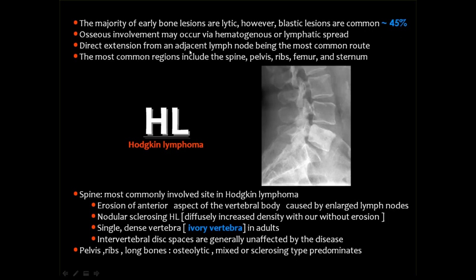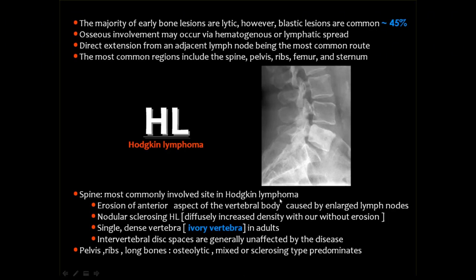And osseous involvement may occur by blood spread or by lymphatic spread or from direct extension from the adjacent affected lymph nodes. The most common sites to be affected by lymphoma are the spine, the pelvis, the ribs, the femur, and the sternum.